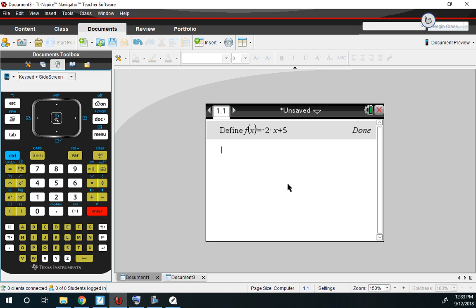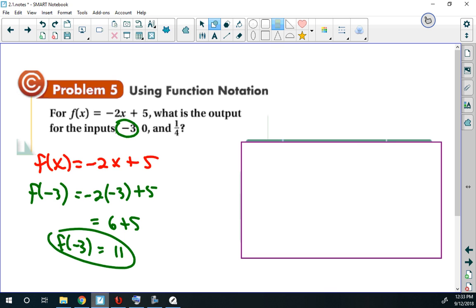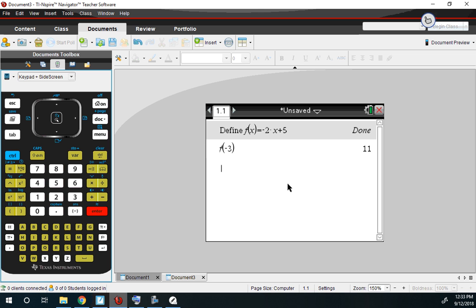Now, what did we just find? We found f of -3, right? We could type that. F, left parenthesis, -3, and there it is, 11. Yay! There were 2 other values it wanted us to find. It wanted us to find f of 0 and f of 1/4. I could do both of those at the same time.